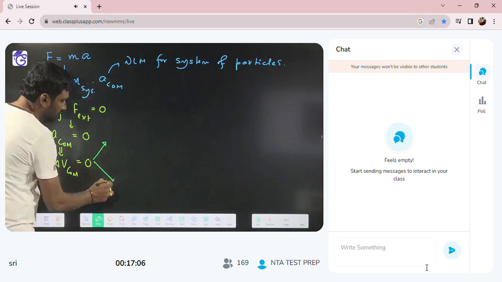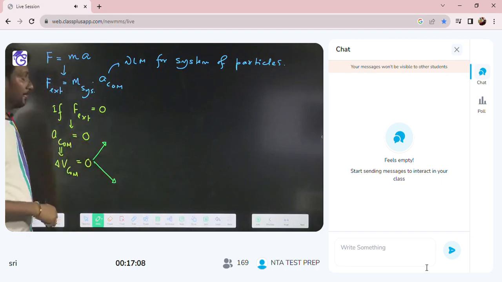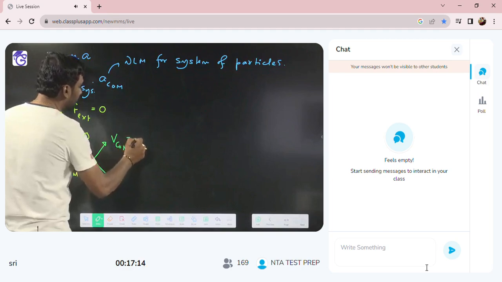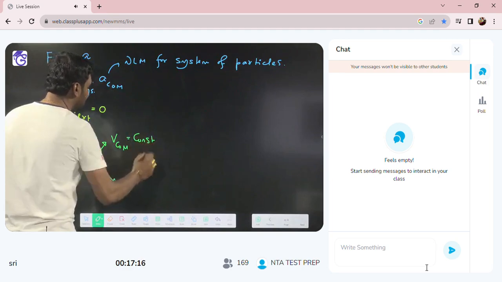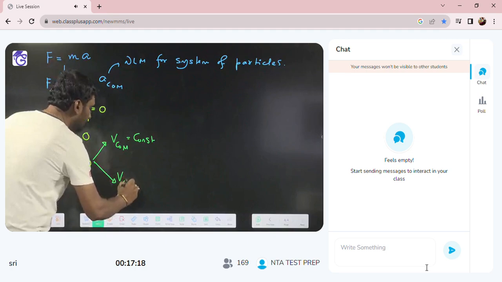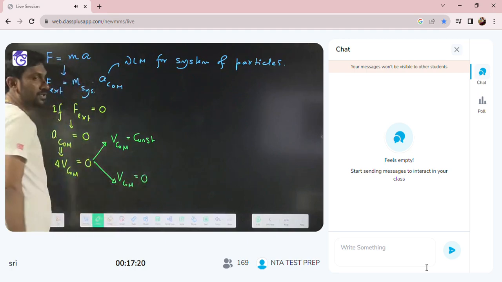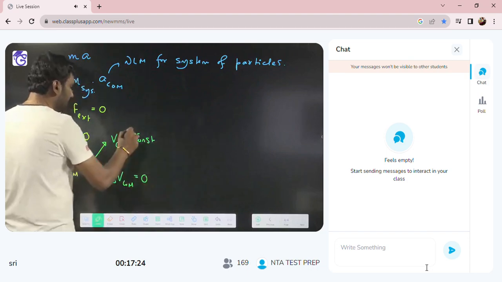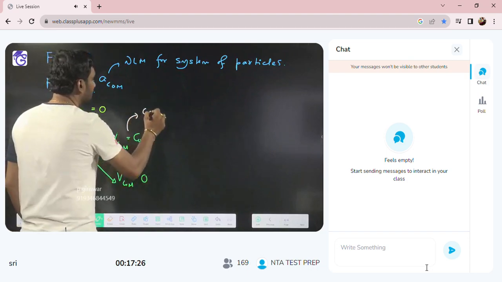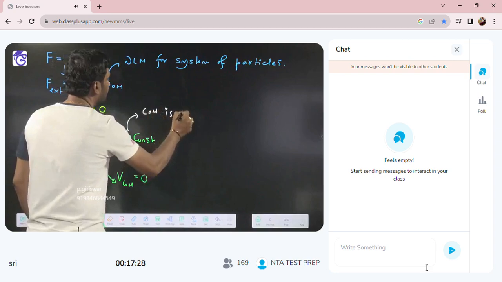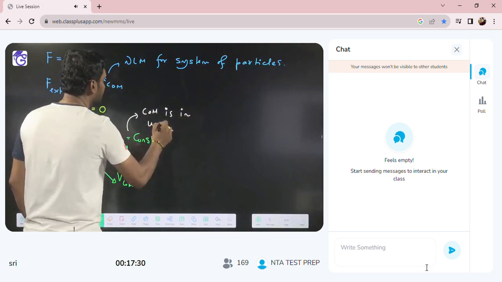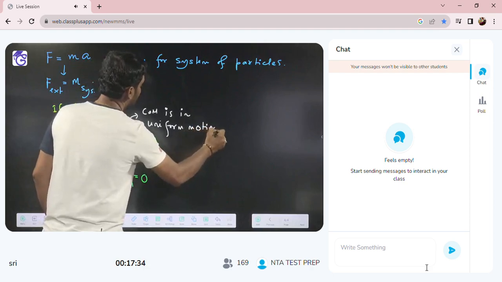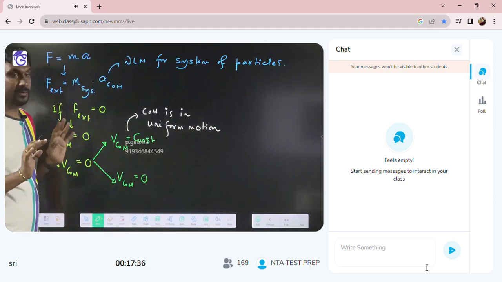What is the first possibility? Either velocity of center of mass is equal to constant, or velocity of center of mass is equal to 0. It means either the center of mass is in uniform motion. Each word is important here. This is theoretical understanding we are developing slowly.